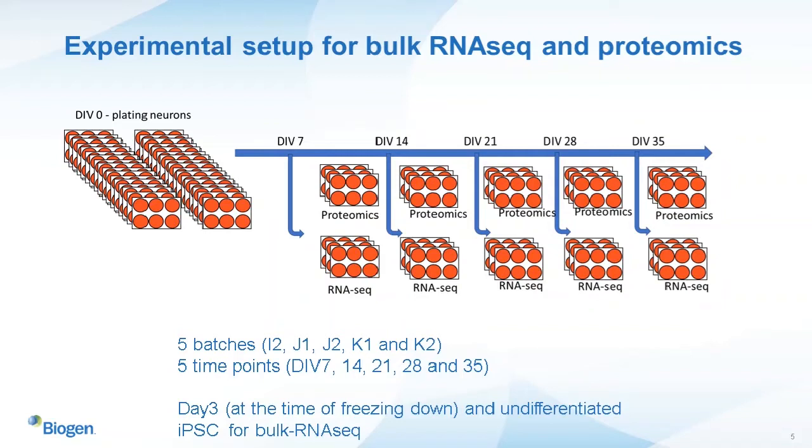As shown here, we thawed out cells from 5 different batches and plated into 6-well plates. We collected cells at DIV 7, 14, 21, 28, and 35 for RNA-seq and proteomics. For RNA-seq, we also collected samples from undifferentiated iPSCs, and 3 days after doxycycline induction, right before freezing down. Next, I will go over RNA-seq data.